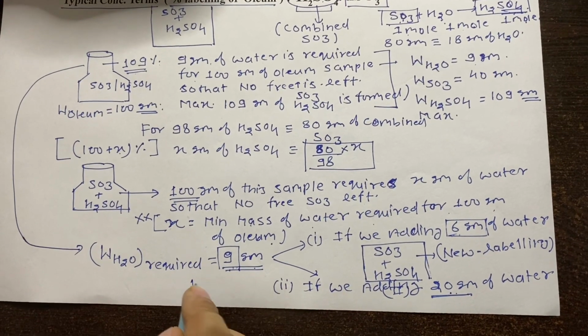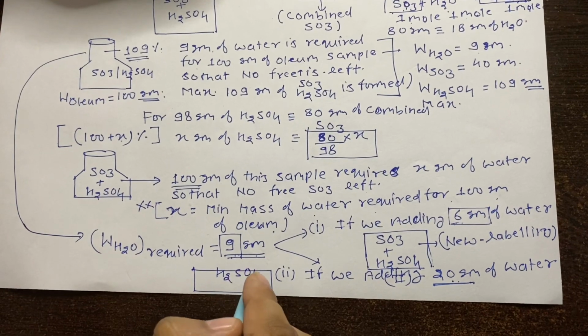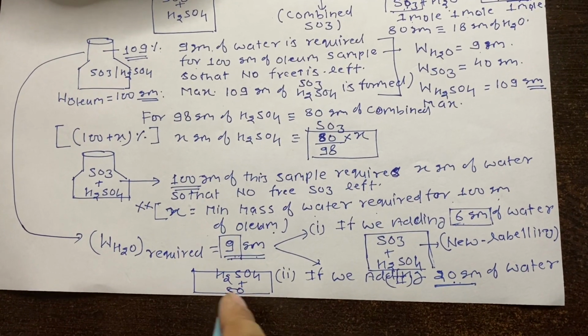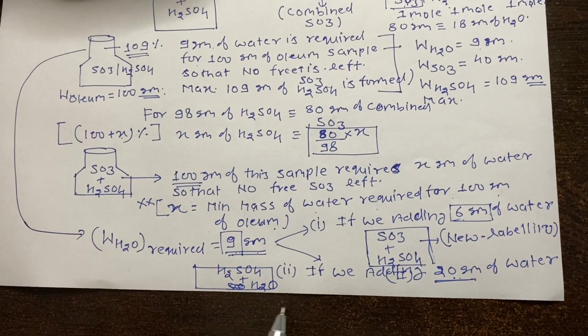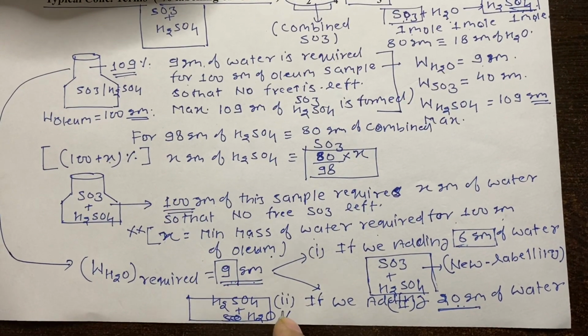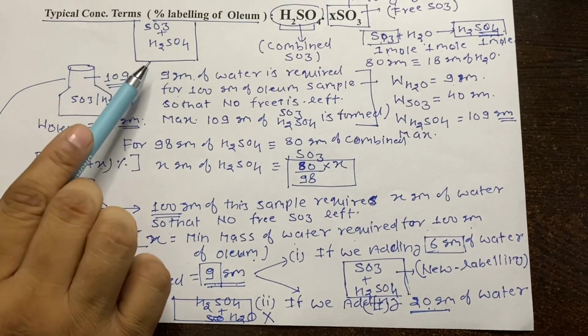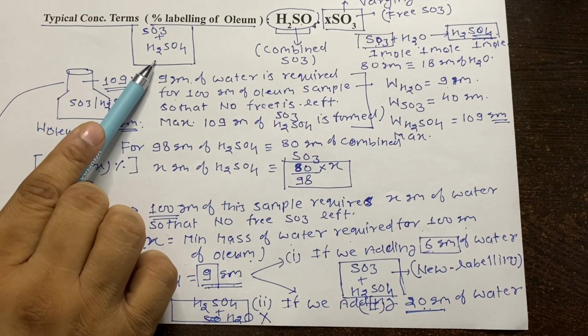So the final sample contains H2SO4 plus water. And to be noted that H2SO4 and water is not oleum, because oleum is the homogeneous mixture of SO3 and H2SO4.